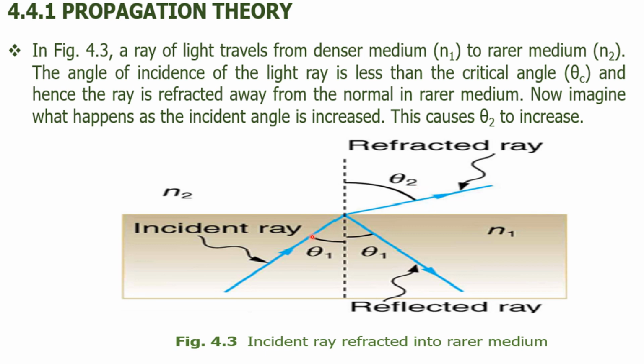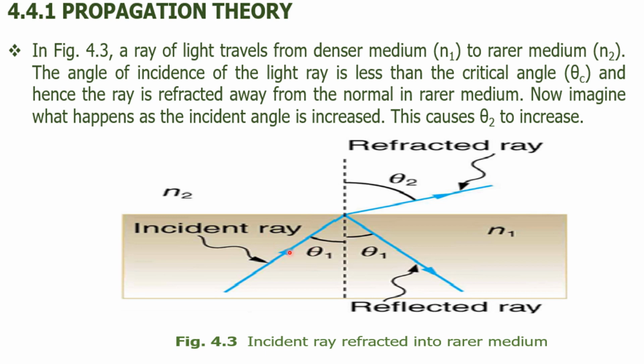For one particular angle of incidence, this θ2 will become 90 degrees, which means this refracted ray will coincide with the interface between the core and the cladding. So the corresponding angle of incidence is called the critical angle. Okay, so the critical angle is the basic requirement for achieving the light to propagate through the optical fiber.